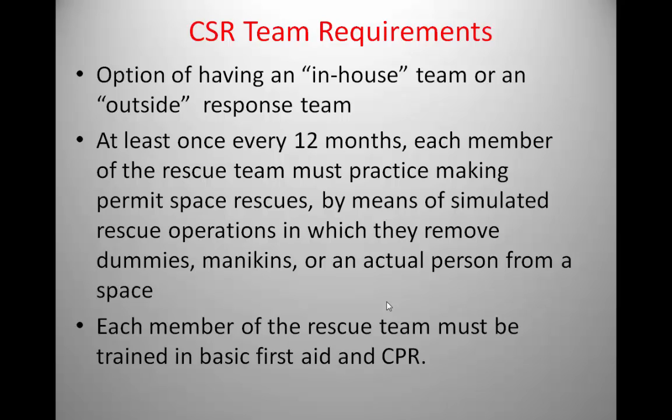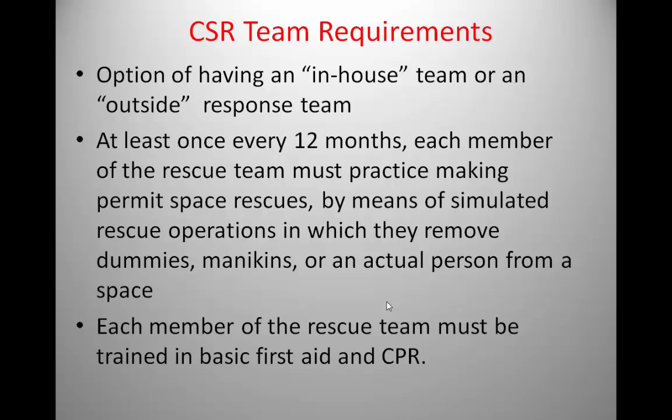To be a confined space team, whether it's in-house or an outside, you have to train at least once every 12 months with the rescue team, with the ones that are classified as entrants or technicians. They must make an entry into a permitted space or simulated permitted space and actually rescue a mannequin, a dummy, or an actual person.